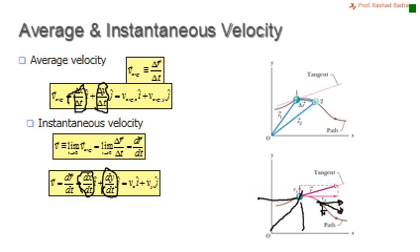By taking the derivative with respect to time of this, we're going to have one component called vx along the x-axis, and another component of velocity along the y-axis called v sub y.